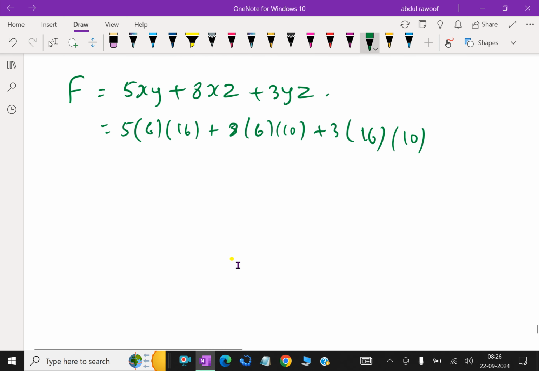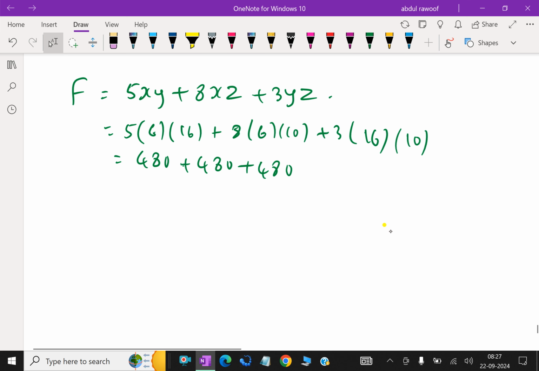So we have 480, because 5 into 16 is 80, 80 into 6 is 480, here also 480, here also 480, which is 24 into, then 1440. This is the maximized value, 1440.